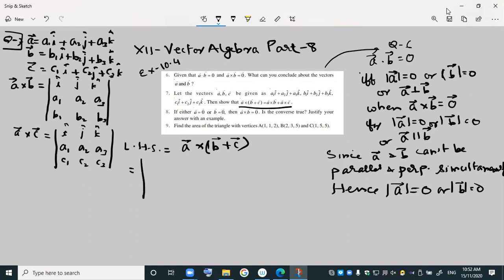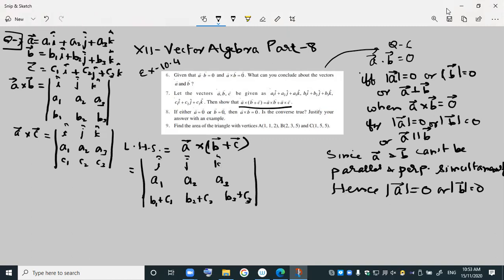So if I write directly, this will be i, j and k, A1, A2, A3. First vector is A, that is resolved into the components A1, A2, A3. And in this B plus C, the first coefficient of i will be B1 plus C1, second will be B2 plus C2, and third will be B3 plus C3.